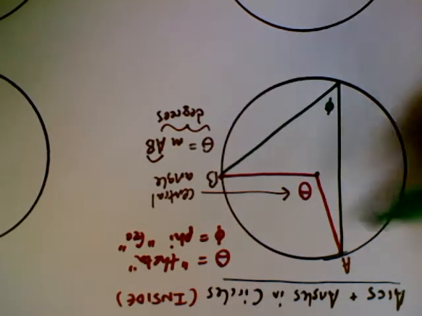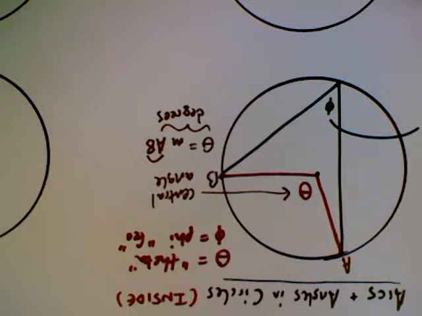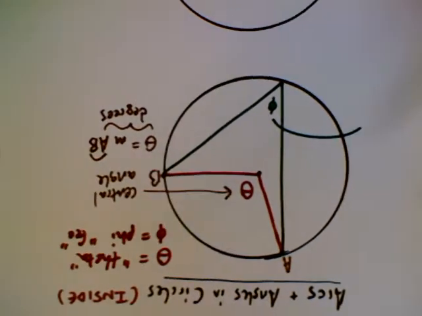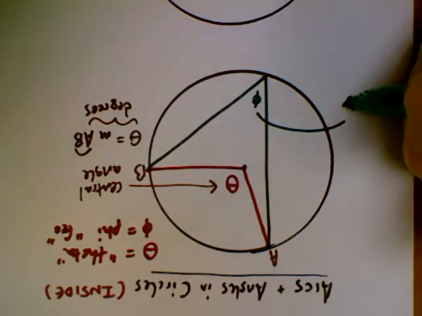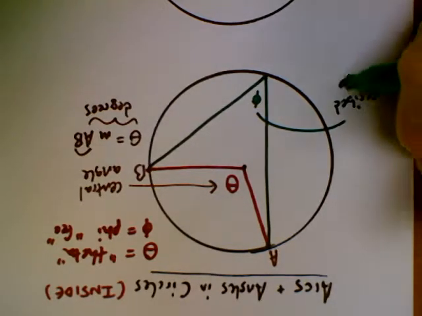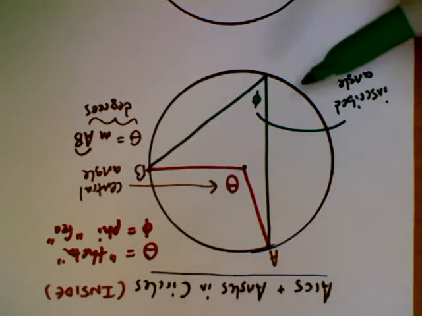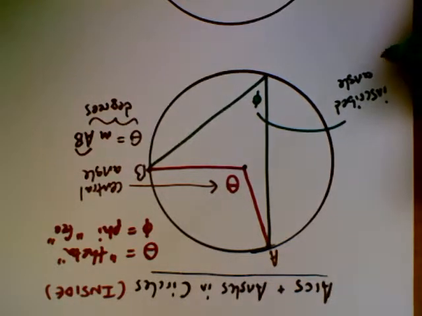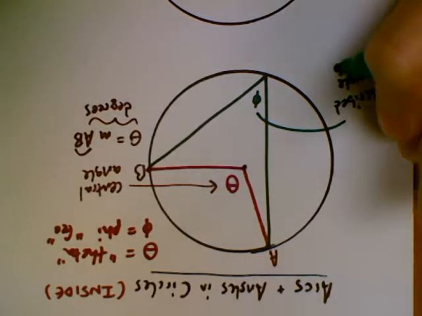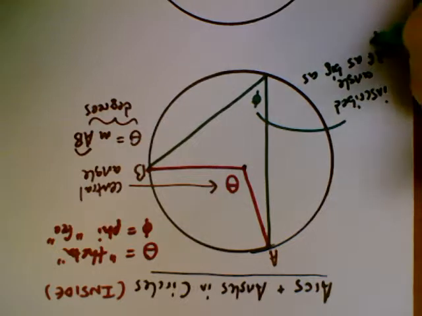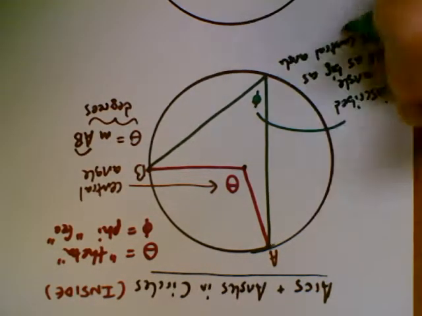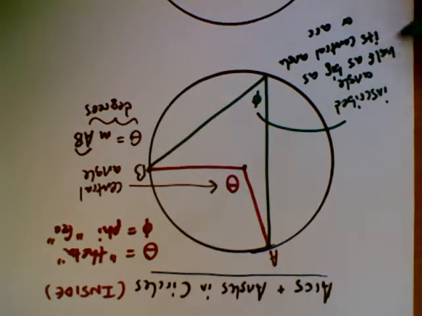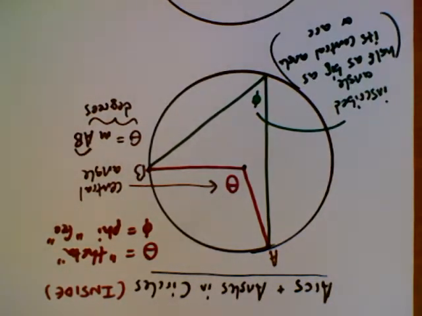This angle here, this inscribed angle, we should label it so that we know what it is. An inscribed angle is half as big as its central angle, or its arc. So that's something that you want to make sure you know about an inscribed angle.